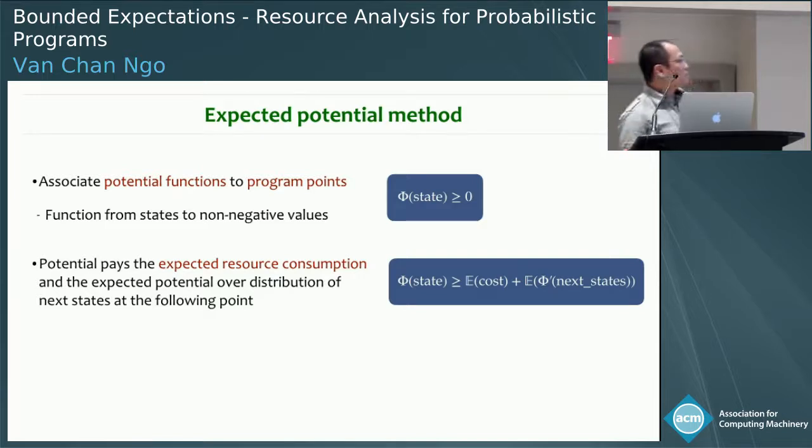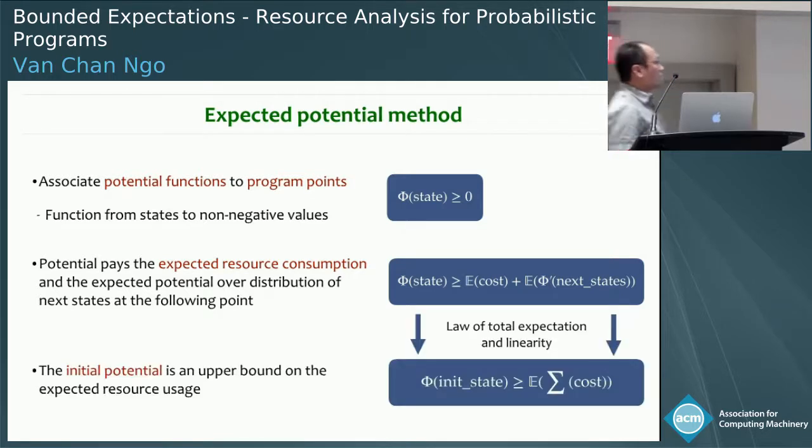That means the potential before the command and after the command satisfies this condition. And then by the law of total expectation and the linearity of expectation, the initial potential function phi is an upper bound on the expected resource usage of the program.